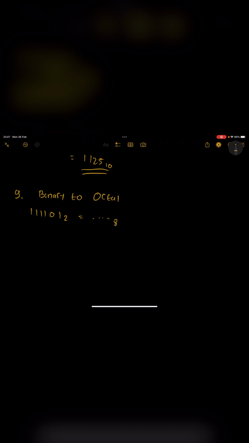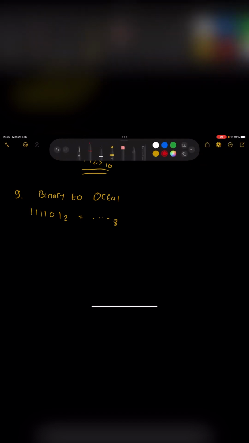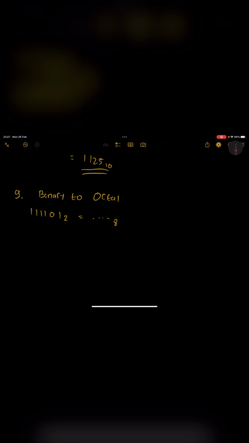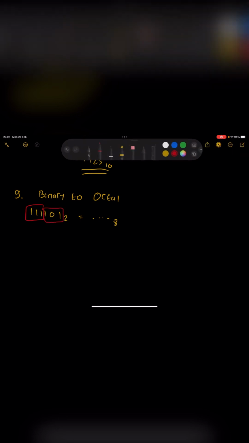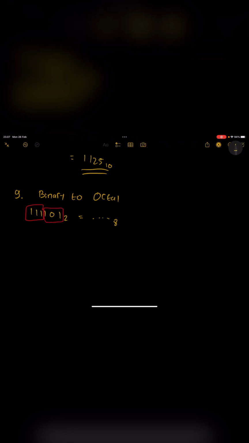So unlike the hexadecimal, in hexadecimal we divide the bits of the binary into 4 value each, but here in octal we divide it into 3 value each. So this is what I mean. We divide it into 3 bits each. Therefore, we will have 1 1 1 and 1 0 1.